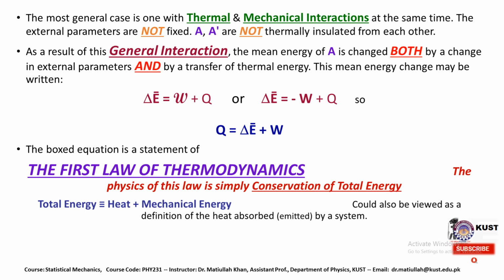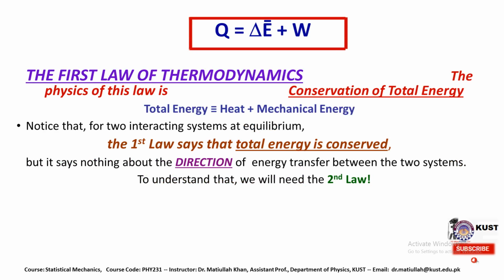So a good example of general interaction is the first law of thermodynamics, where the total energy is changed by the thermal heat change and by the mechanical interaction. This is a simple example of general interaction where Q is equal to del E plus W. So the first law of thermodynamics also describes the conservation of energy: the total energy of the system is conserved, and it is equal to heat plus mechanical energy.